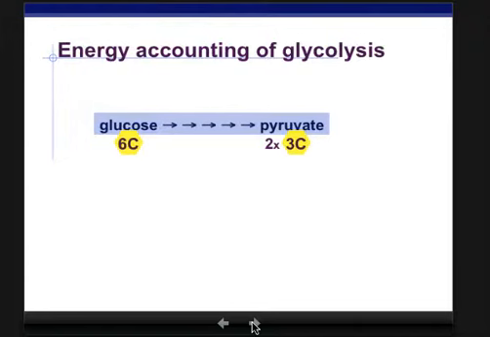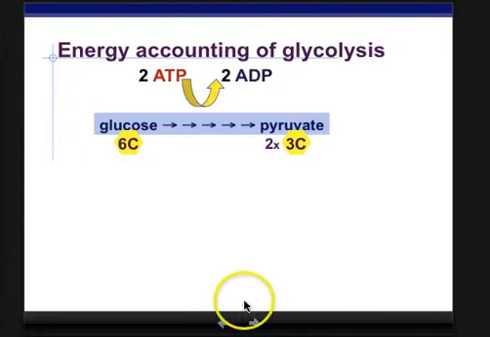Energy accounting of glycolysis, just to make sure we understand the using and gaining energy. So as we go from glucose to pyruvate, we use 2 ATP right in the beginning there, in the first and third step. All right, we burned it up.